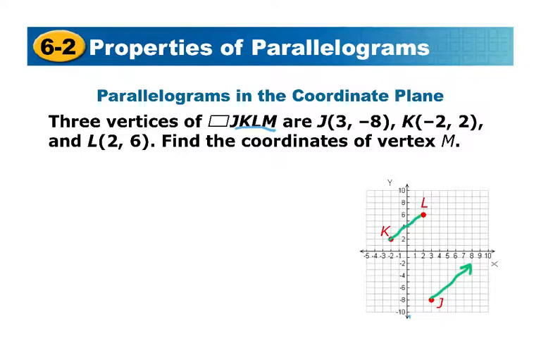So it looks like it goes up 1, 2, 3, 4, and over 1, 2, 3, 4. So in order to get from J to M, I'm going to need to go up 4 and over 4. So it looks like my dot is going to be right there.